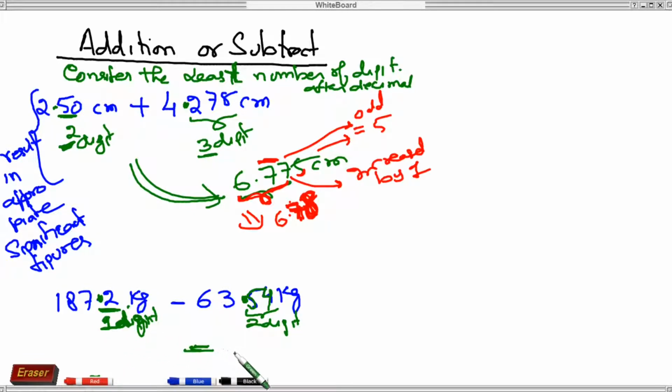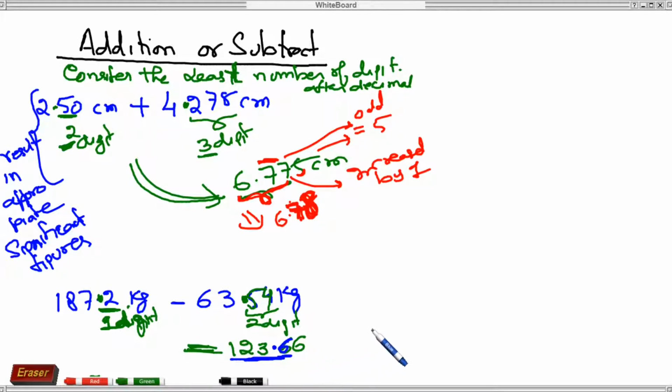The result here will come something like 123.6. But we want our result to be up to one digit, meaning after decimal our result should contain only one digit.